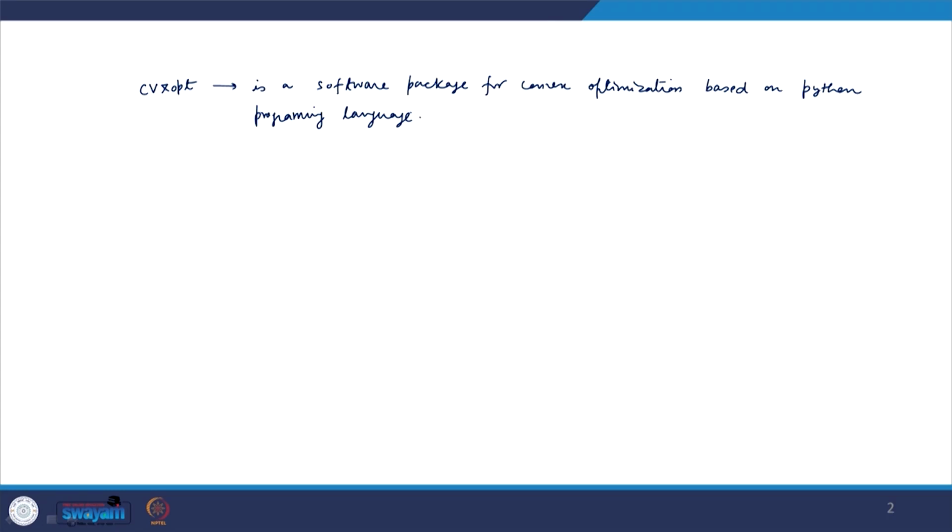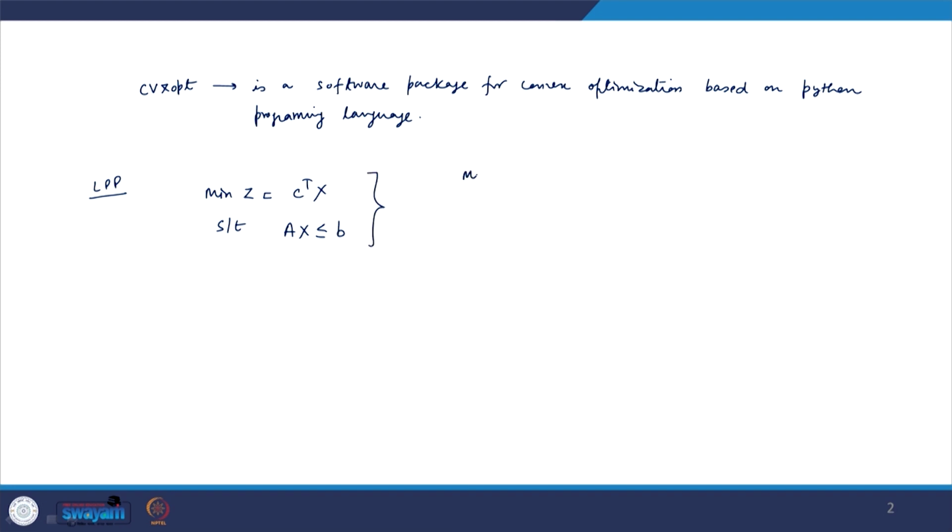For a linear programming problem, the format is: minimize z equal to C transpose x subject to A x less than or equal to b. This is the main format of writing a linear programming problem here.